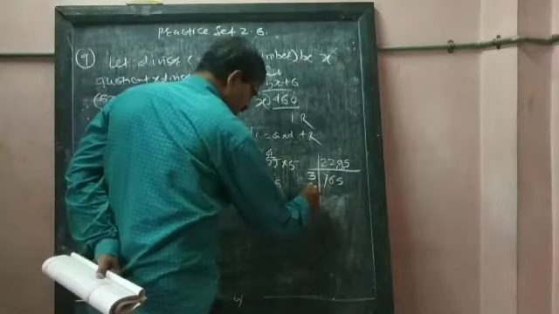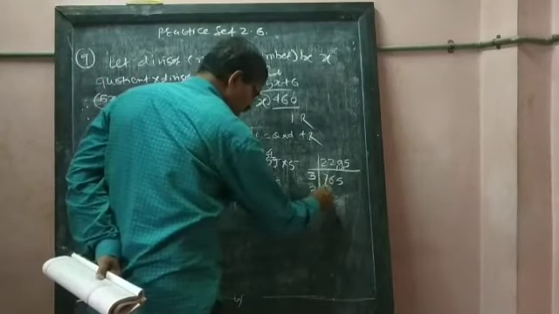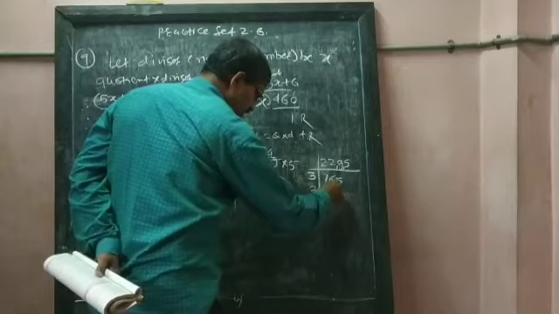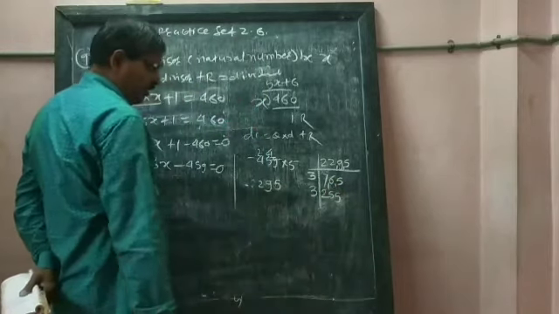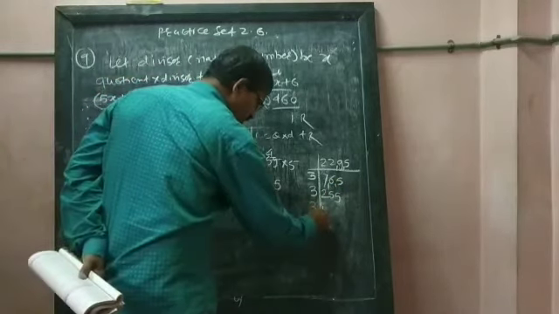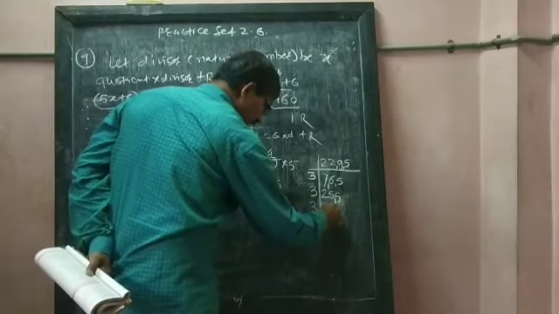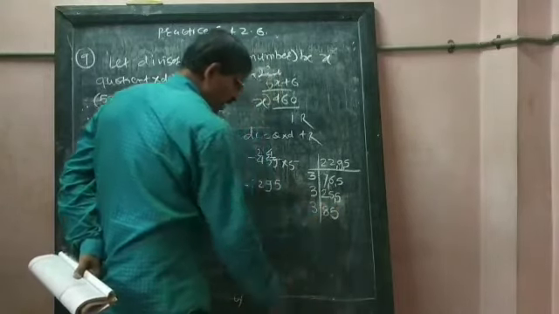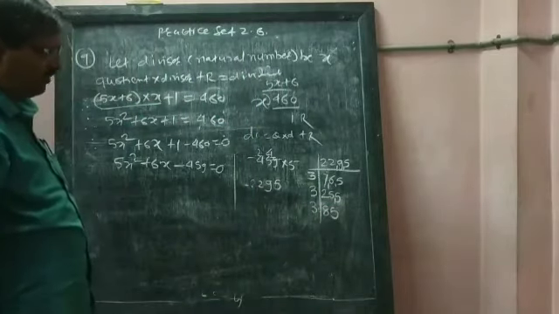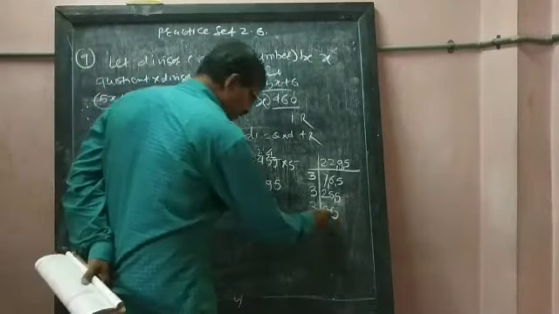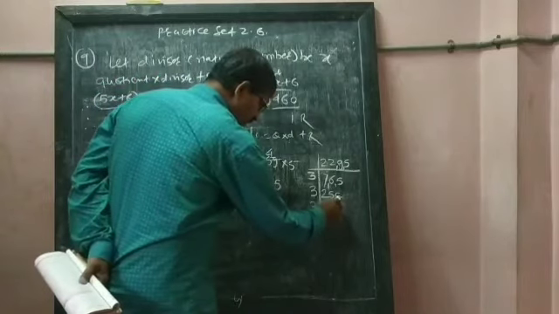It goes. Now once it goes, it will go again. 3 2s are 6, 3 5s are 15, 3 5s are 15. Now again it goes. 3 8s are 24, 1 remaining 15. 3 5s are 15.